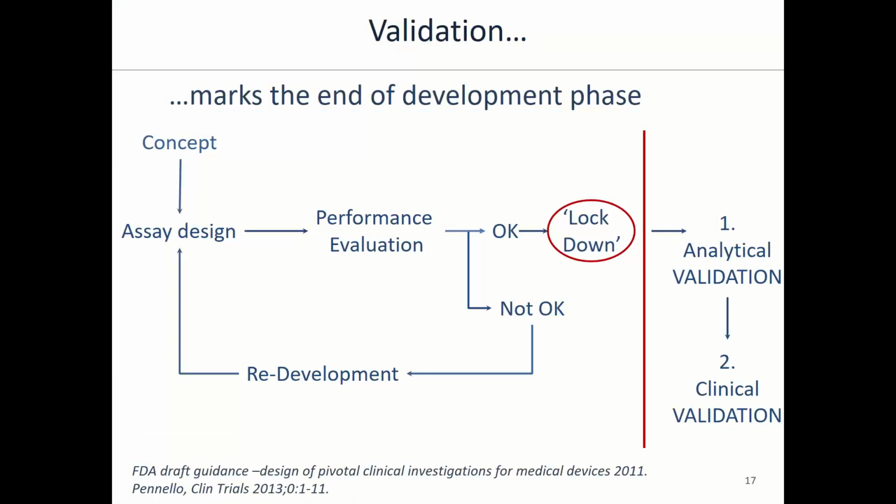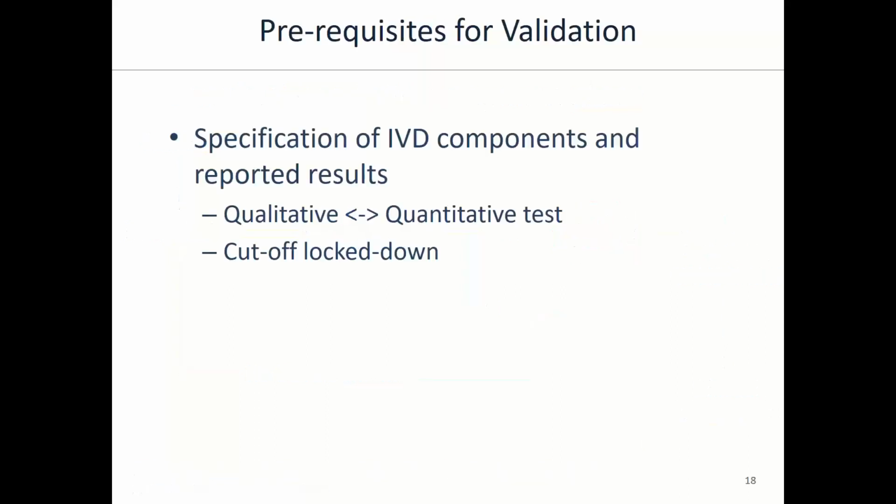So validation marks the end of a development phase. After several cycles of development within an assay development setting, an assay will be locked down, meaning all the design features will be locked and well described, and then the validation will start in 2 steps, the analytical validation followed by the clinical validation.